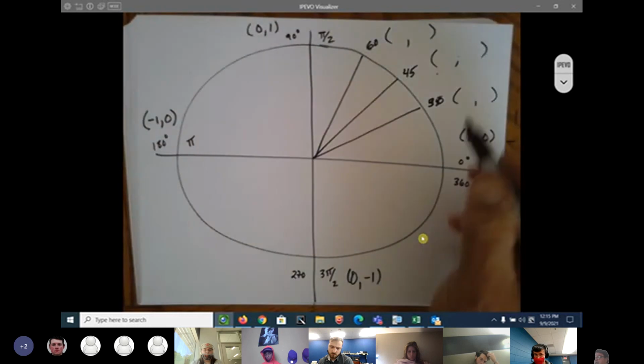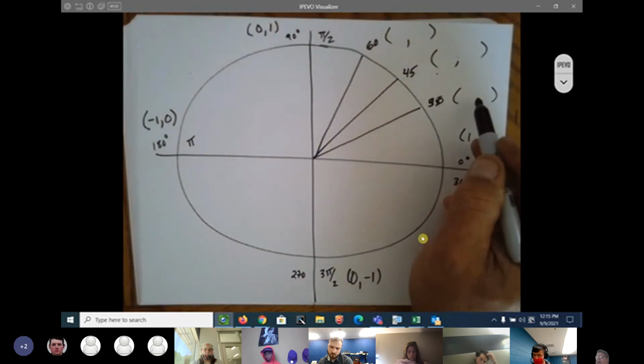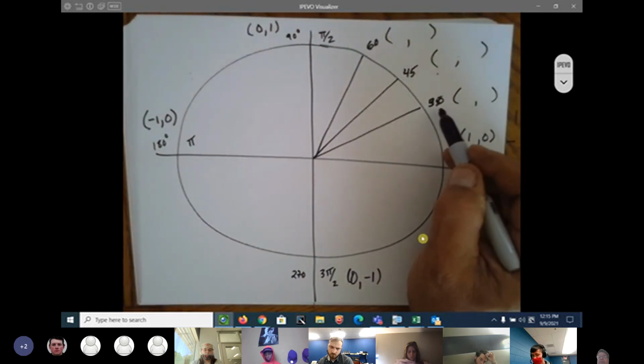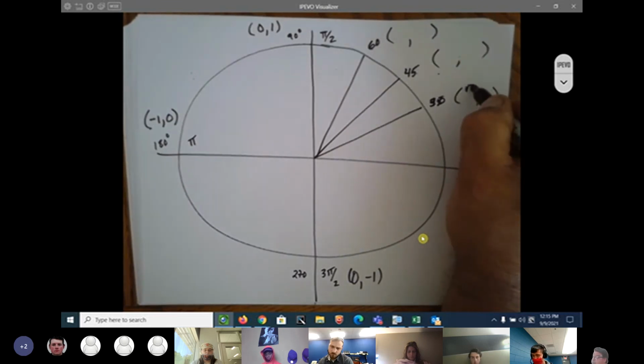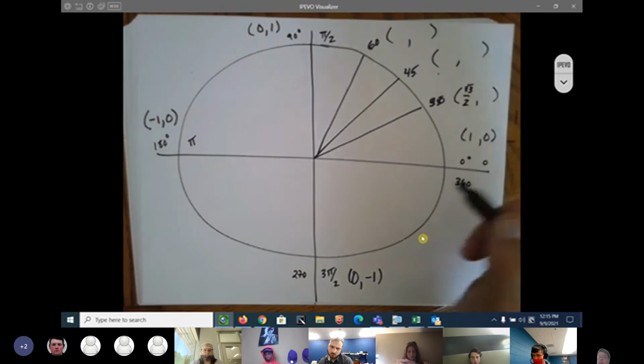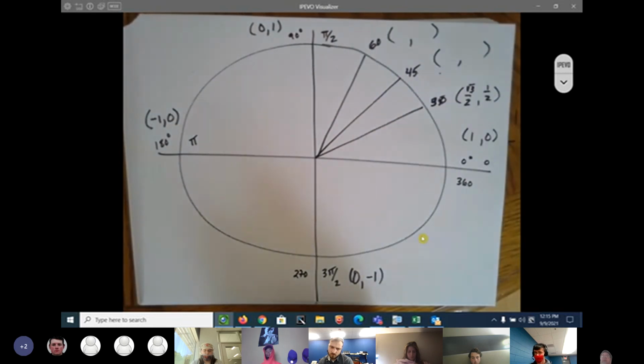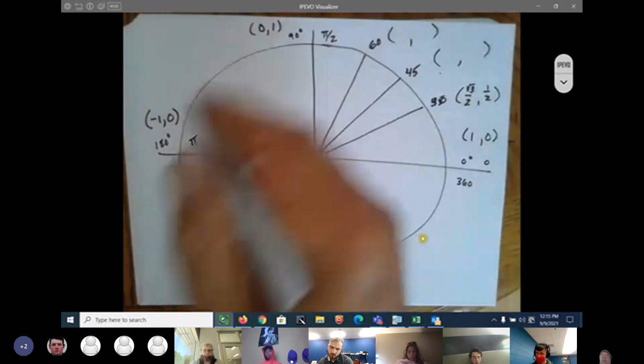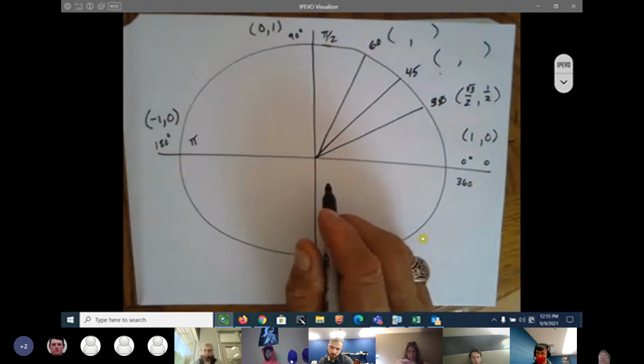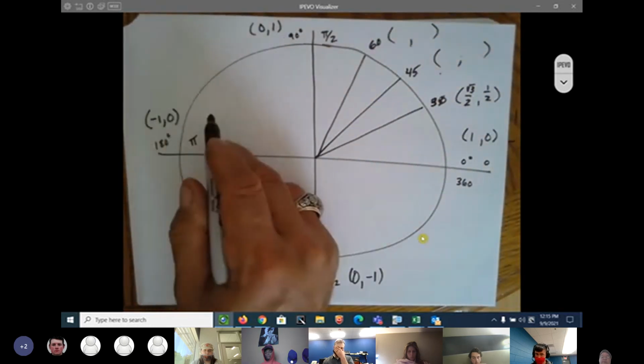What is the cosine of 30 degrees? Square root 3 over 2. What is the sine? 1/2. And now you can fill out the rest of it, because the rest of them are just going to be the same values with different signs.